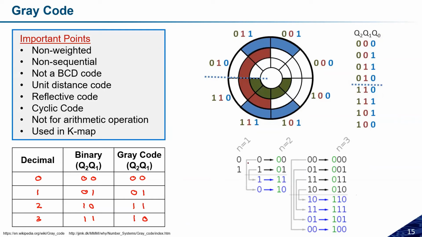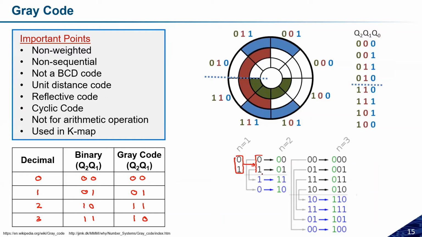If I'm talking about the reflective code, see here, for n is equal to 1, we have 2 digits, 0 and 1. Now, if I have to make the gray code for n is equal to 2, whatever digits we have for n is equal to 1, I have to write them as it is. Like 0 and 1 was there, so I have written 0 and 1 here.